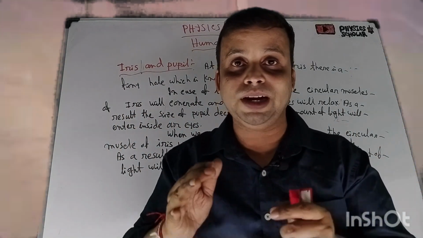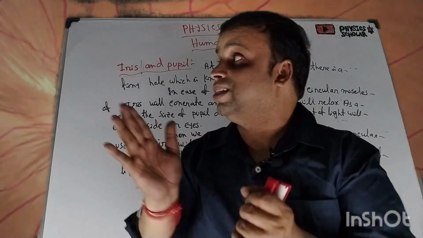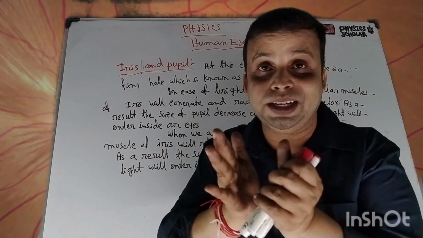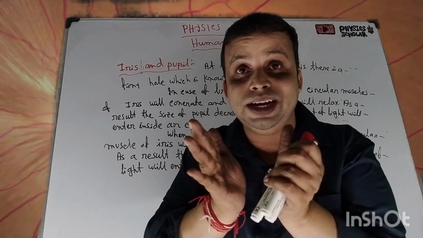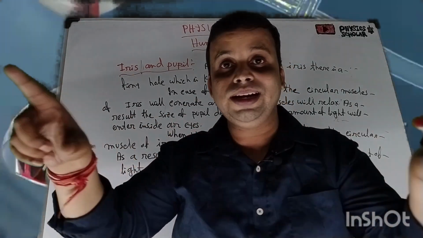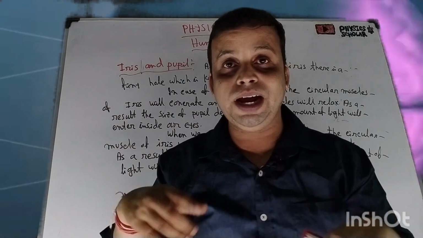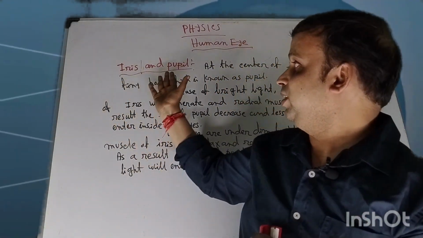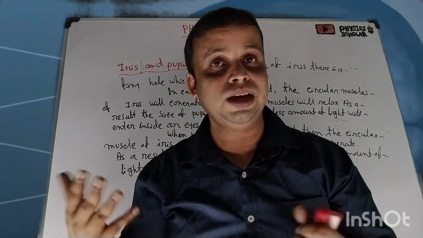But after spending some time, the pupil will readjust its size, and the size will enlarge. Then more light can enter, and after some time we can see the nearby objects properly. So this is the creation of the Almighty.